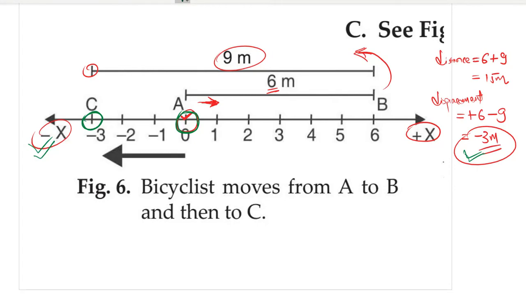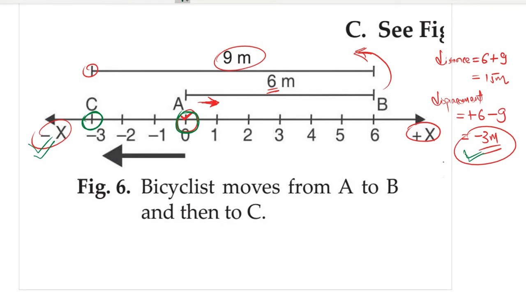So now it should be very, very clear that distance and displacement are not always equal. Because distance, you don't consider direction. You just keep on adding how much the body is traveling. But displacement, you have to consider direction, and then you have to consider the plus and minus sign according to the direction.